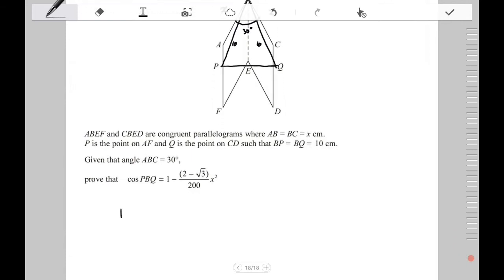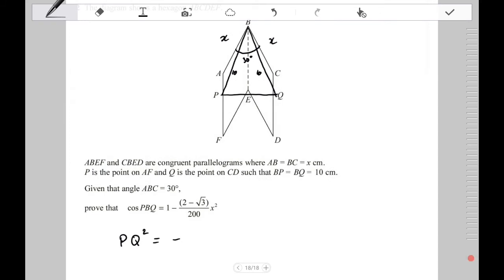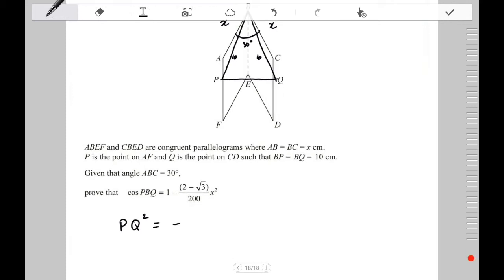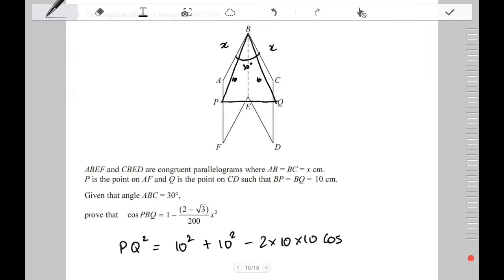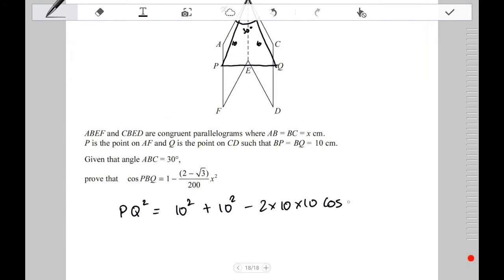So PQ all squared equals, sorry, it's not minus, it's just a squared equals b squared, which is 10 squared, plus c squared, which is 10 squared, minus 2bc, 10 times 10, cos, let's call it PBQ.